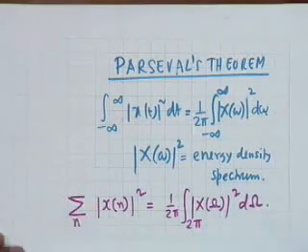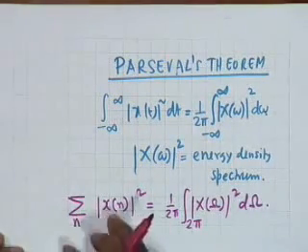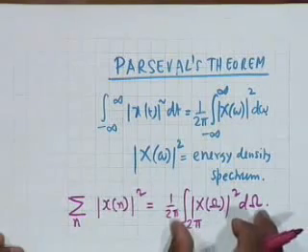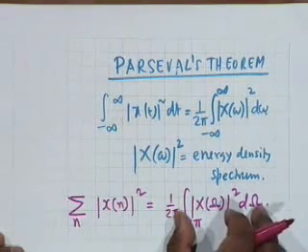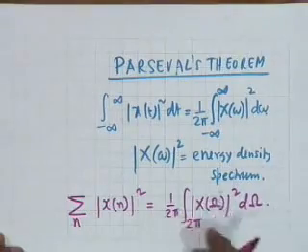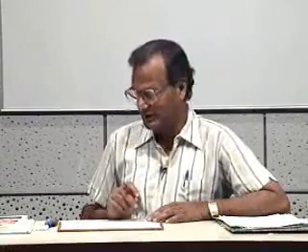This is all the difference. The left side is the energy in the time domain, and the right side is the energy in the frequency domain, over one period. This difference arises because capital X of omega is periodic.